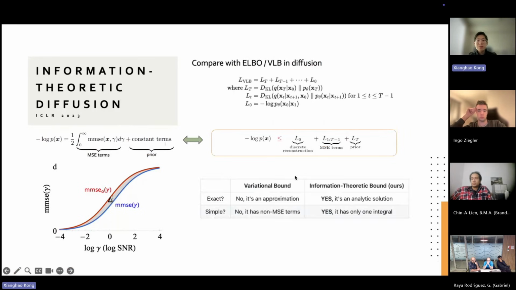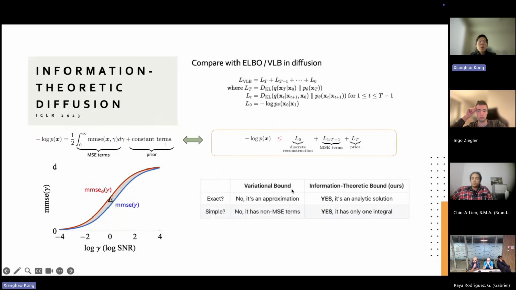So what's the difference? Like VLB is an approximation, it's not exact, but our IT bound is an analytic solution, right? It's exactly the same. It's not an approximation.